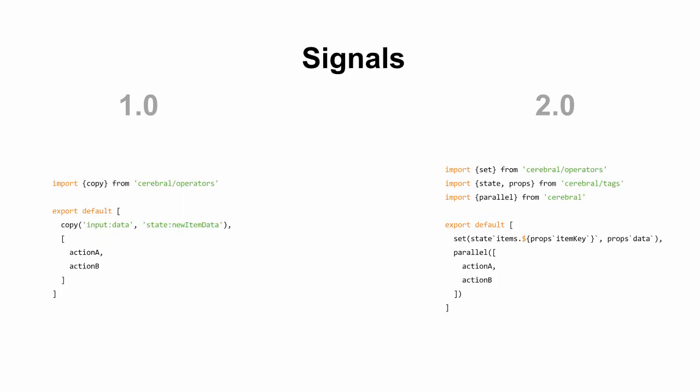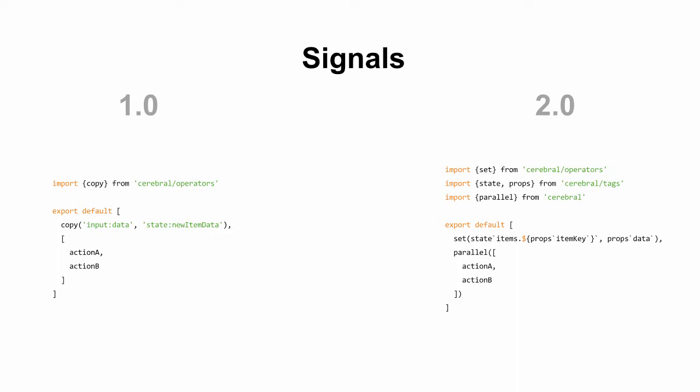Cool. When it comes to signals, they are basically the same concept, but these tags that I talked about are also available in signals. On the left side, we have copy, and we have these special strings for pointing to what we call input and state and all this stuff.